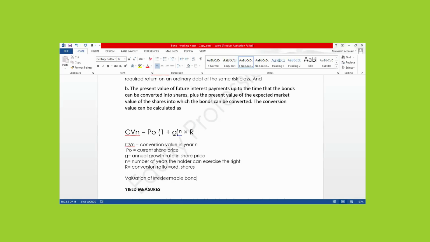What is an irredeemable bond? A bond without a specific maturity period. A bond without a specific repayment period.